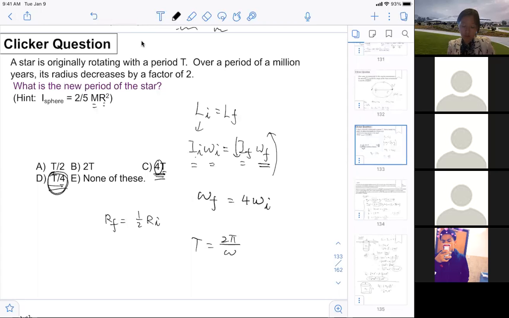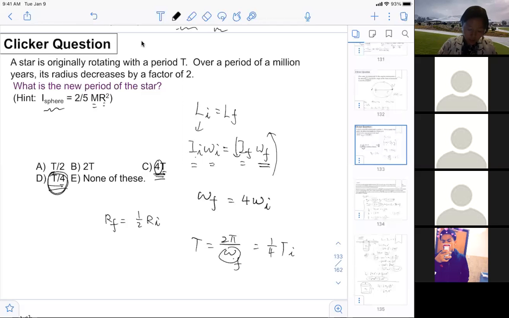So if omega is 4 times, then T will be 1/4 of what you had before, right? Oh, okay. Sorry. I misunderstood the question initially. I thought it was a circular rotation instead of rotation around itself. Okay, cool. Thank you. Yeah, because we're using the I relative to its own center. So yeah, we know Earth is rotating around itself, and then also around the sun. We're just talking about around itself.